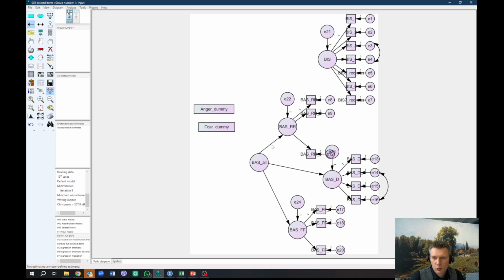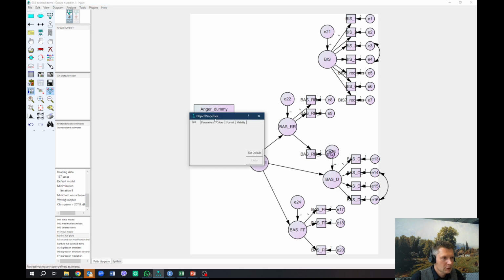What we want to say is that certain emotions have an overall impact on behavioral activation, no matter what type of behavioral activation it is. So we create a second order construct, and to create it completely correct, remember, if you have the lines going to subordinated dimensions, we need to restrict one of the regression weights and introduce it as a 1.